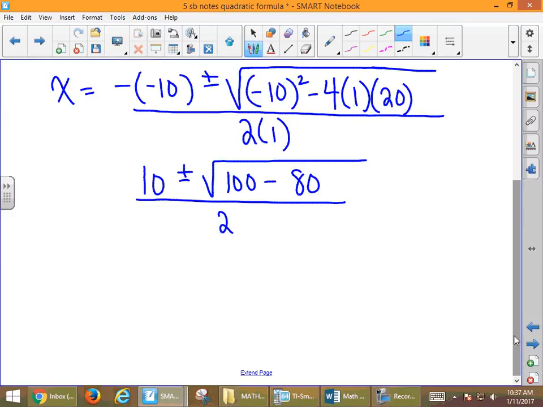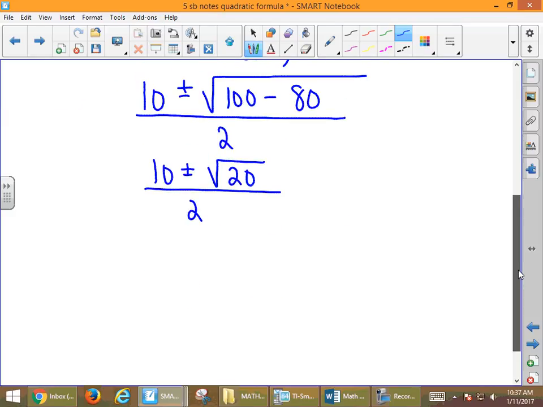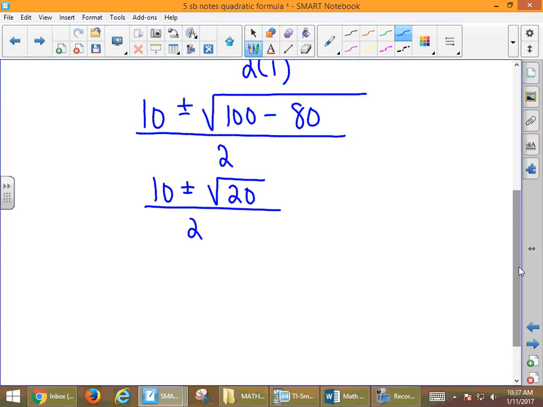Simplifying a little bit more, we get 10 plus or minus the square root of 20, divided by 2. Can we simplify the square root of 20? We can. 4 times 5, 10 times 2, it does not make a difference what you use.